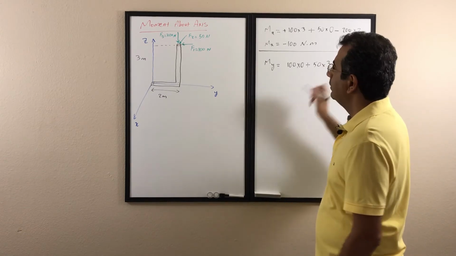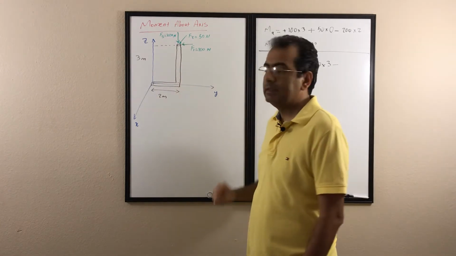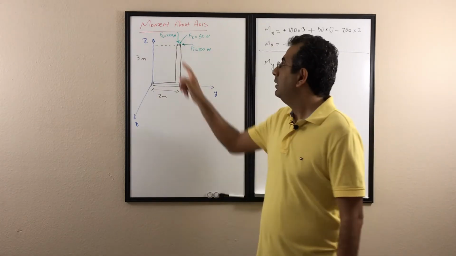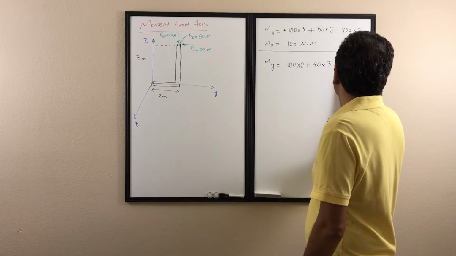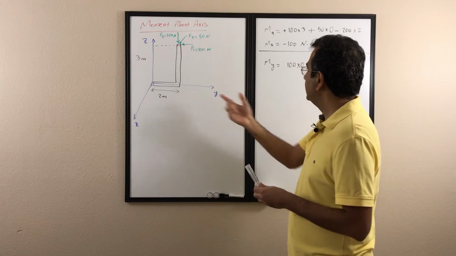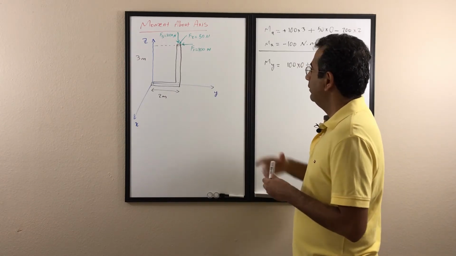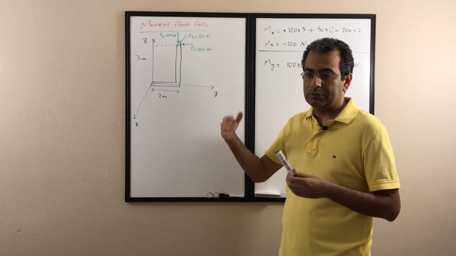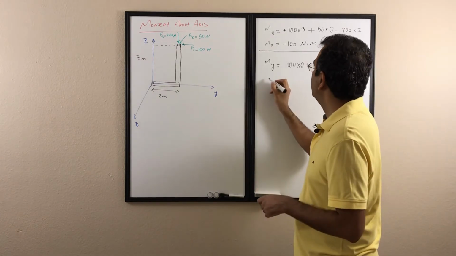And for the F3, if you look, F3 intersects with the y-axis. Because it intersects with the y-axis, again, it does not generate any moment. It doesn't make any rotation, so there is no moment.